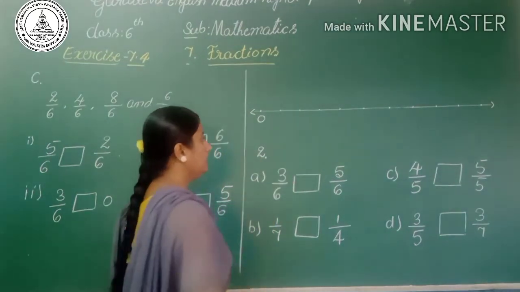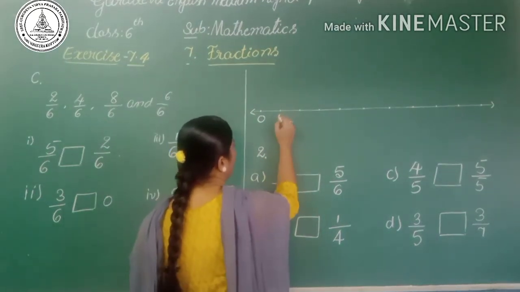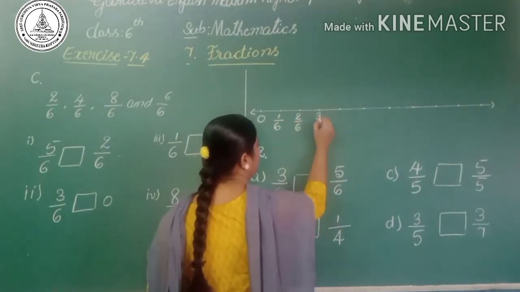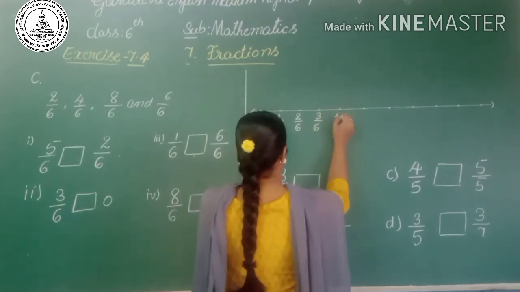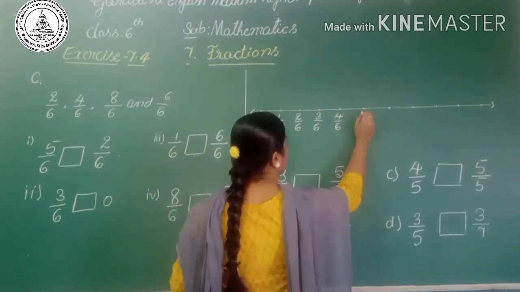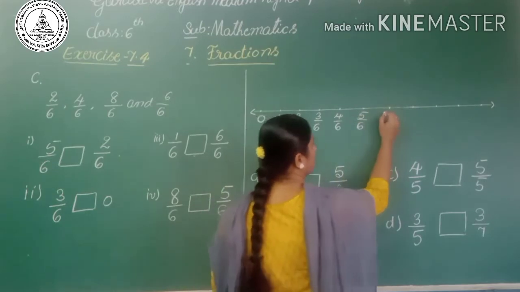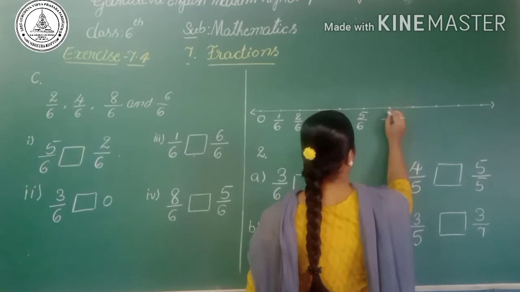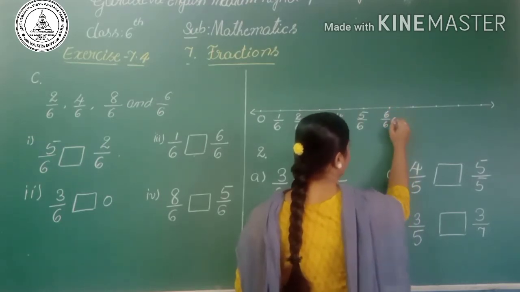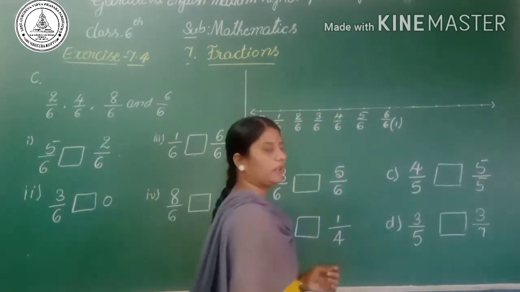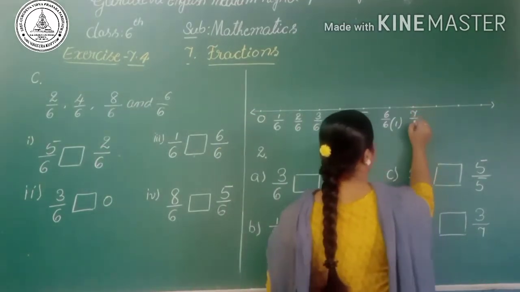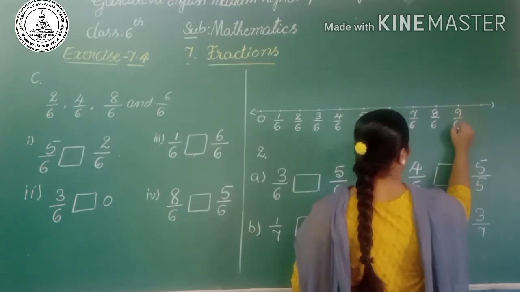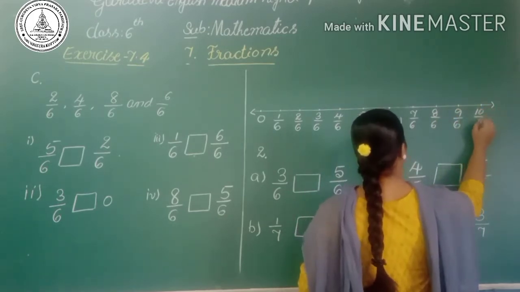So here I have taken, the first part is 1 by 6, 2 by 6, 3 by 6, 4 by 6, 5 by 6, 6 by 6. 6 by 6 means it is 1. Okay, whole part. Then 7 by 6, 8 by 6, 9 by 6, and 10 by 6.